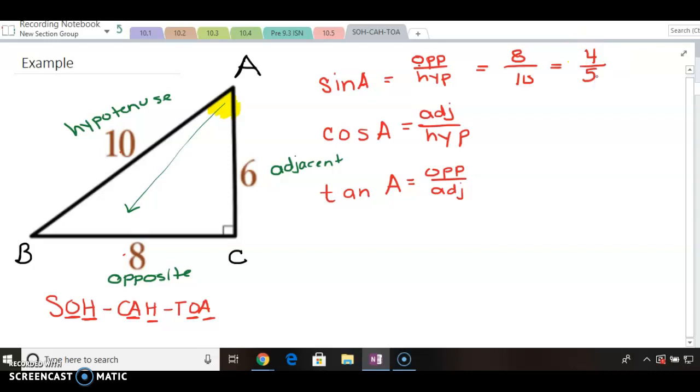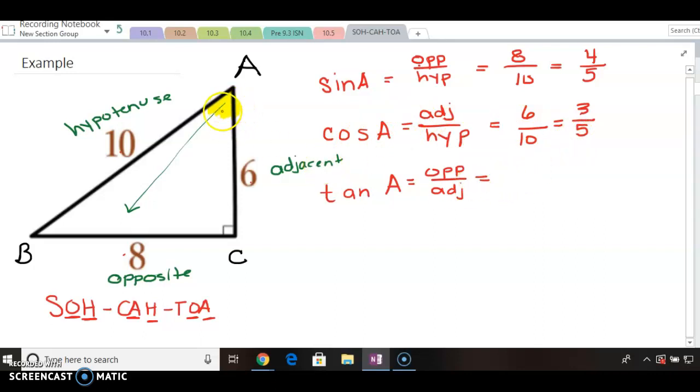Now, if you're not good at reducing fractions, hit me up in class and I'll show you how to do that on your calculator. It's pretty simple. Okay, my cosine of A is always adjacent over hypotenuse. Okay, so my adjacent here is 6, and my hypotenuse is still 10. So if I simplify 6 over 10, that gives me 3/5, and my cosine of angle A is 3/5.